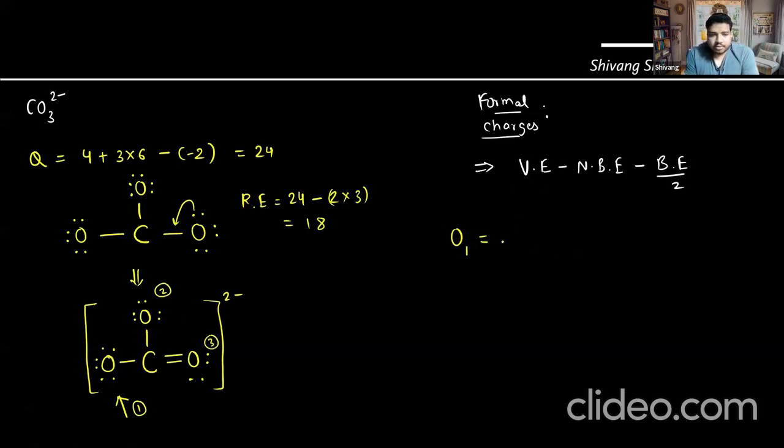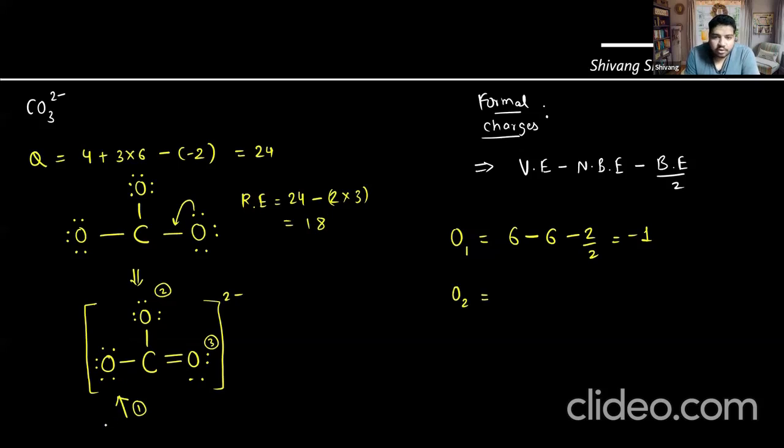Number of valence electrons in oxygen is 6, and then minus non-bonding electrons, which are the lone pair electrons: 1, 2, 3, 4, 5, 6. So 6 minus 6, and then bonding electrons, just one bond, so two bonding electrons, 2 over 2, that will give you minus 1. So the oxygen on the left hand side, numbered 1, is going to have a 1 negative charge.